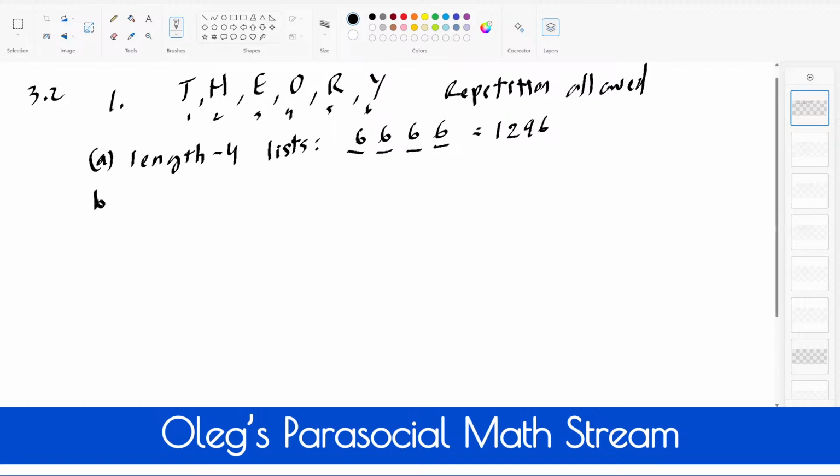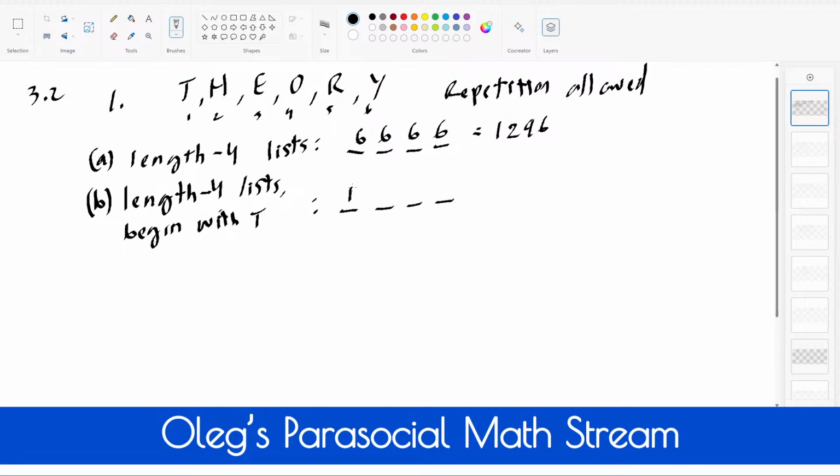Okay, B. So we have length 4, begin with T. Okay. So 2, 3, 4.